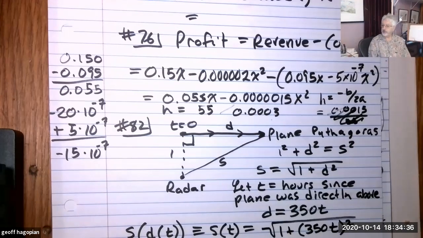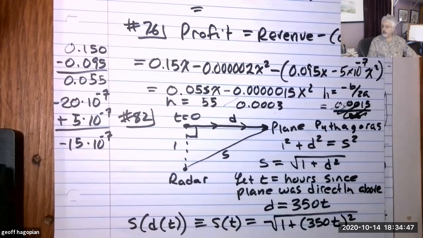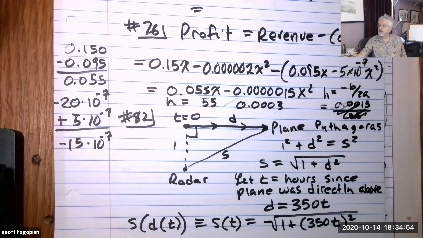I'm not going to compute the square of 350, I'm going to indicate that it's being squared using parentheses, and we're done. Questions about that? I think we're done. They wanted us to express s as a function of t. Oh, and they drew the picture for us. Okay, very nice.